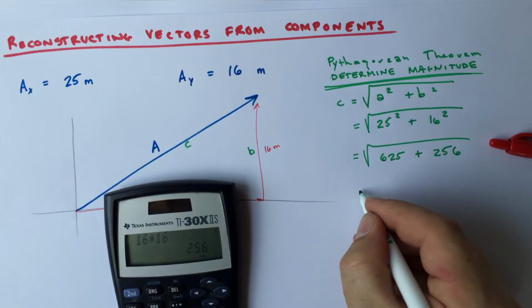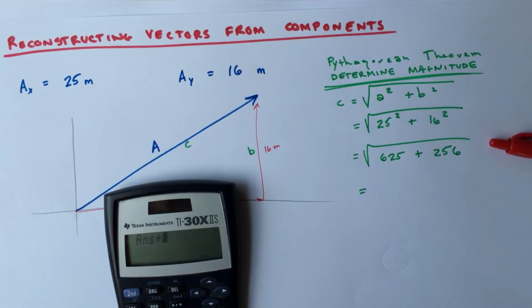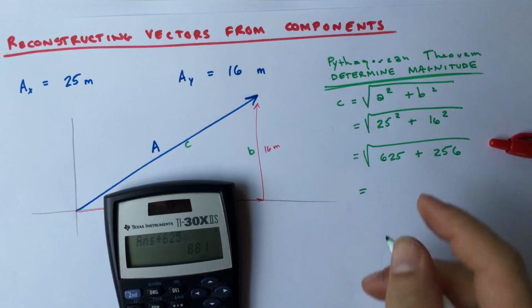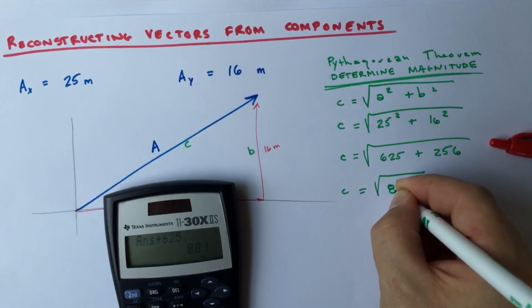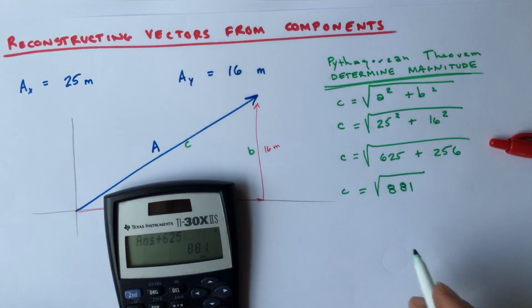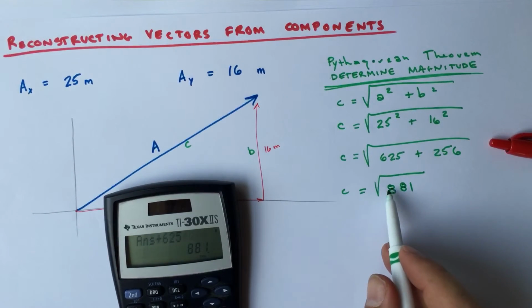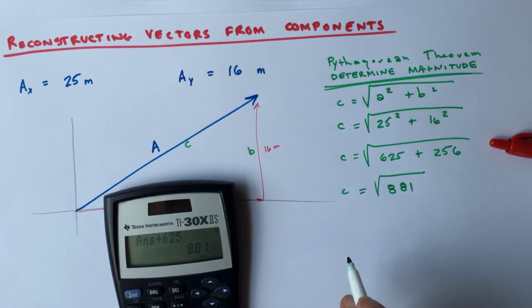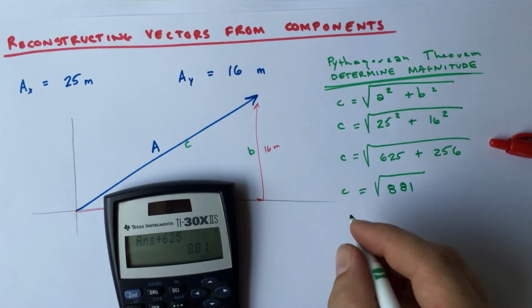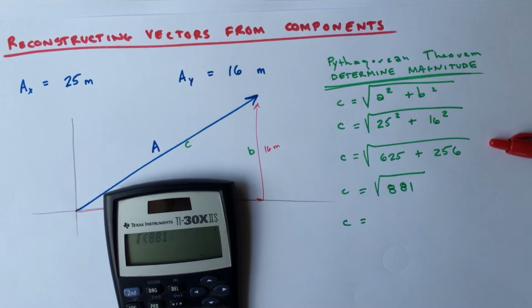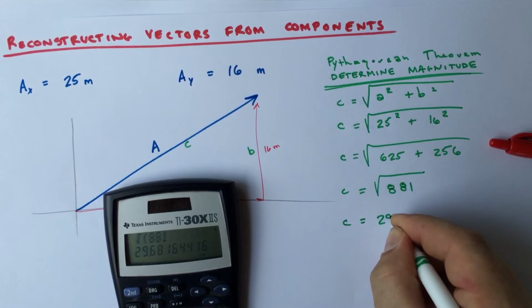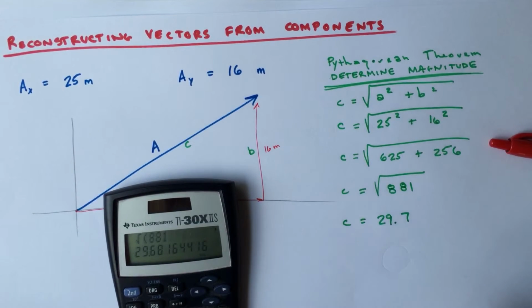I add those two numbers and I get 881. So C squared is equal to 881, and I need to take that square root. The square root of 881 gives me 29.7, let's say.